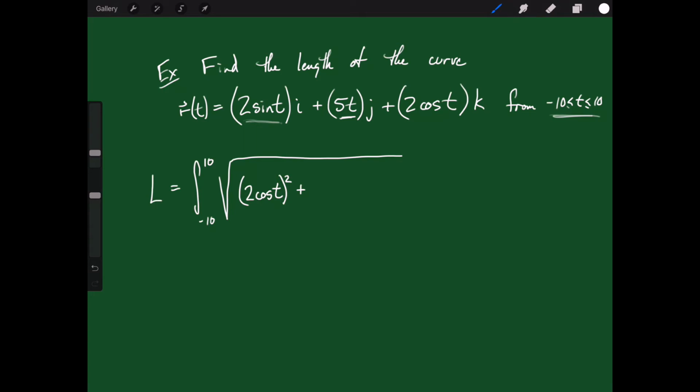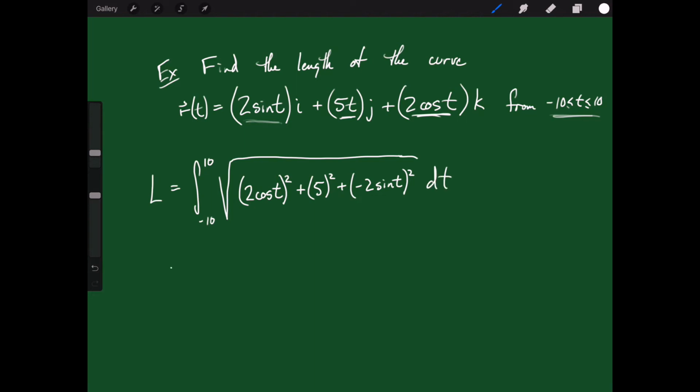Derivative of 5t is just 5 quantity squared. And then the derivative of 2 cosine of t is -2 sine t quantity squared dt.